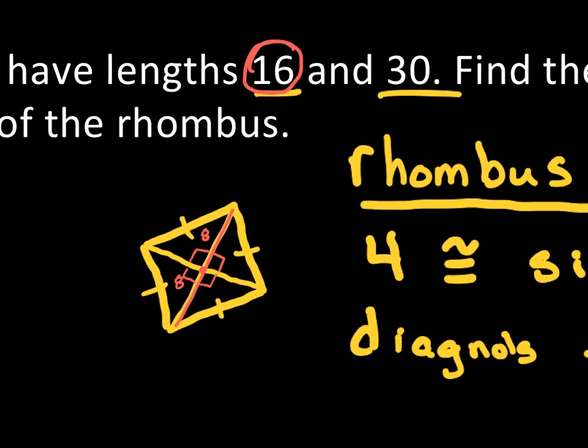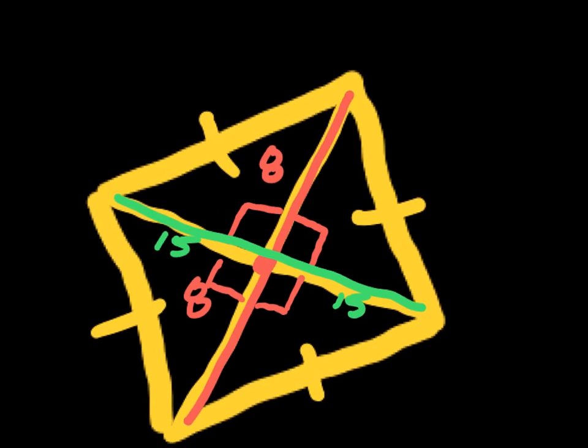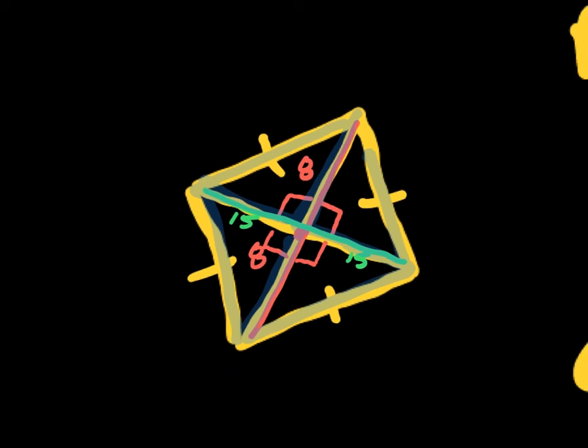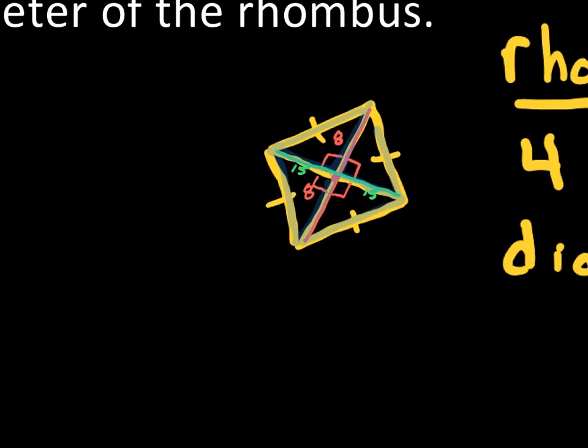And then Colette said, okay, what about the 30? Let's call this one 30, and then make this 15 and 15. Now notice we have 4 right triangles in there. If you can't see them, there is one right triangle here, one here, here, and there. But we're looking for the perimeter of this shape.